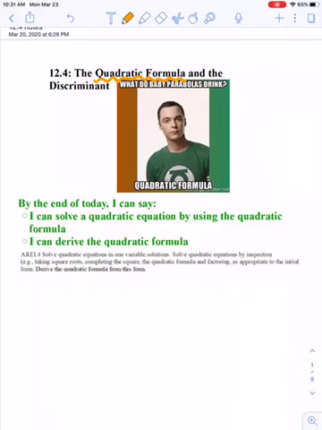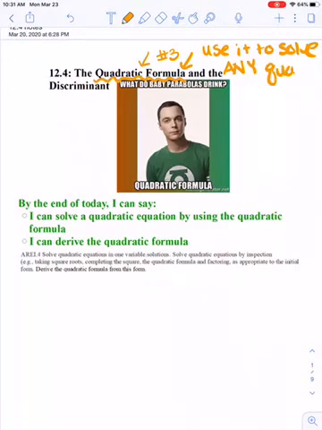But we can still solve using this third method that we're going to talk about, which is the quadratic formula.